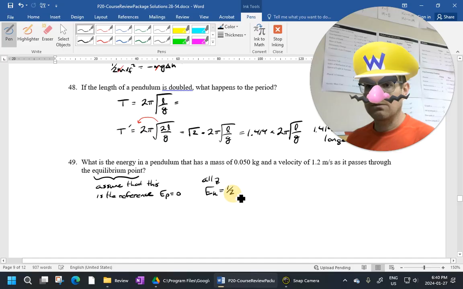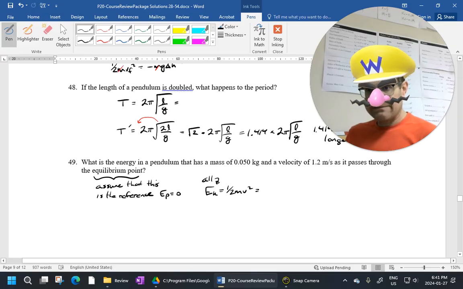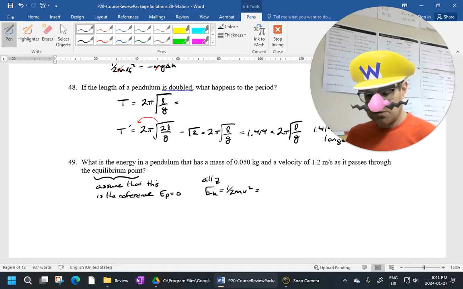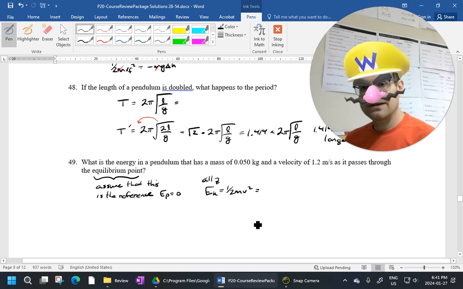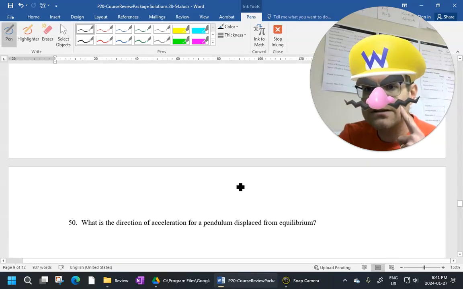So if I go 1/2 mv squared, I find the answer. Half times the mass times the velocity squared, and we get a pretty small answer, because the mass is really small here, but 2 seconds. There we go. That's a pretty simple question.